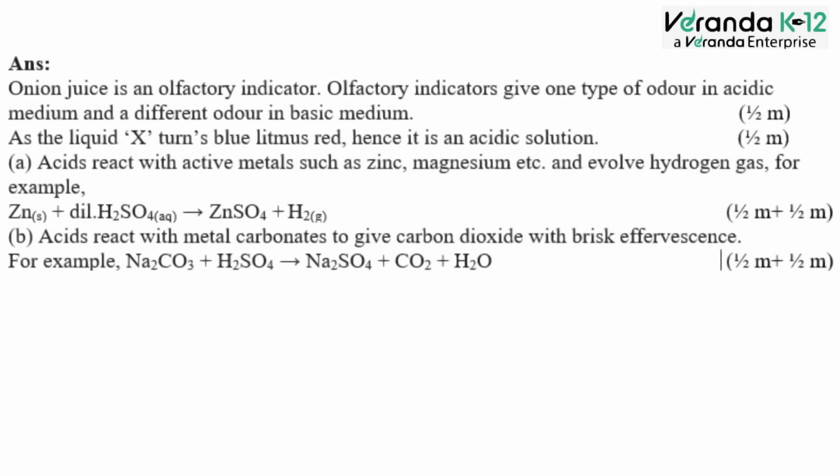So when an acid reacts with an active metal like zinc, it produces salt and hydrogen gas. The equation for this reaction is given with sulfuric acid as an example. Zn plus H2SO4 gives ZnSO4 plus H2.